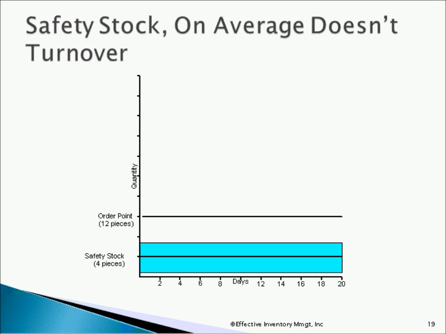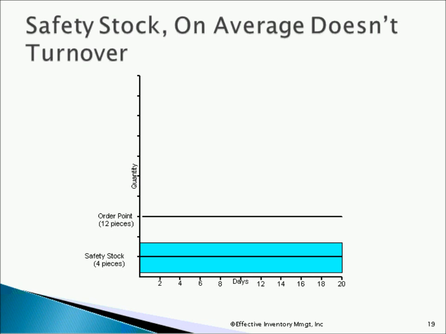In fact, if we were to graph out when you actually received replenishment shipments from your vendor, you would receive them somewhere in that blue box that you see on slide 19. Half the time you would receive a replenishment shipment when you were above that safety stock line. Why? You sold less than you forecast, or the shipment arrived a bit early.